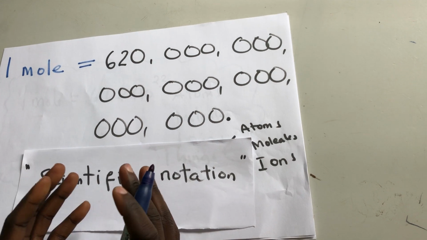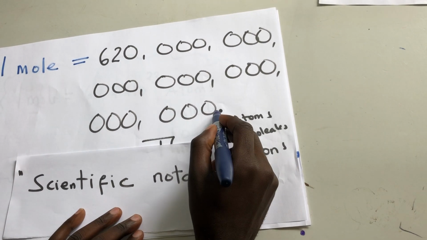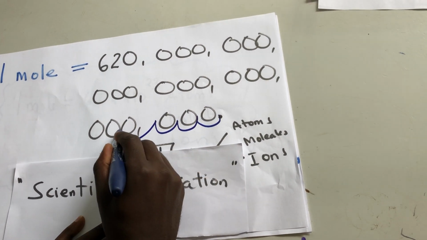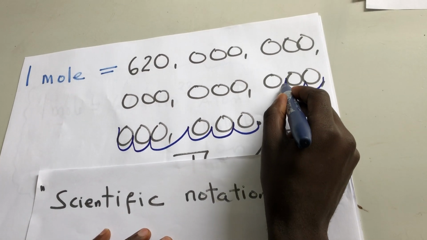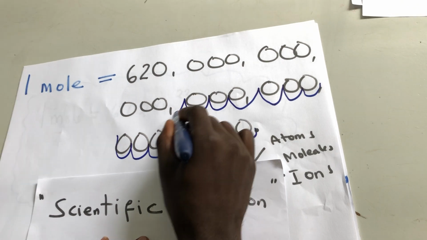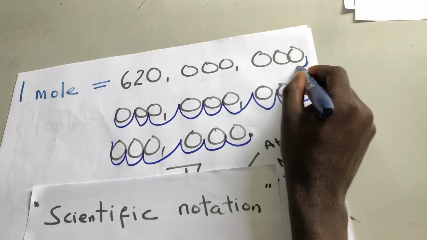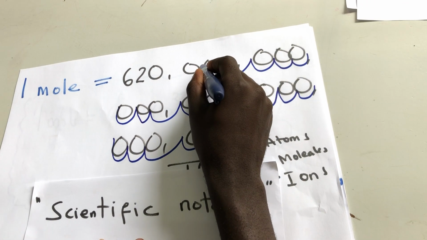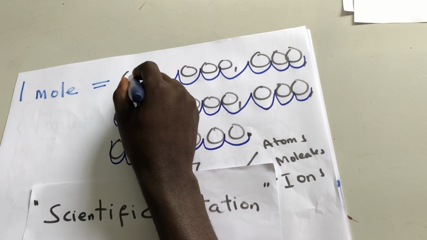So by using scientific notation we can simplify this number. So it's like to say you start to count 1, 2, 3, 4, 5, 6, 7, 8, 9, 10, 11, 12, 13, 14, 15, 16, 17, 18, 19, 20, 21, 22, 23.